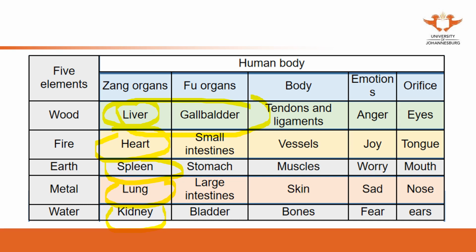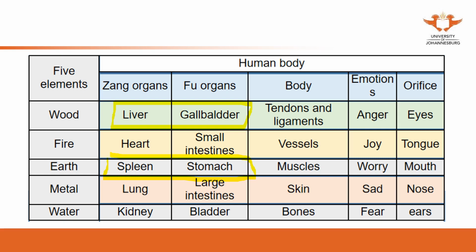For example, one branch of the liver meridian connects to the gallbladder, and these two organs we also call coupled organs. The liver and gallbladder are couples. Likewise the heart and small intestine, the spleen and stomach, the lung and large intestine.